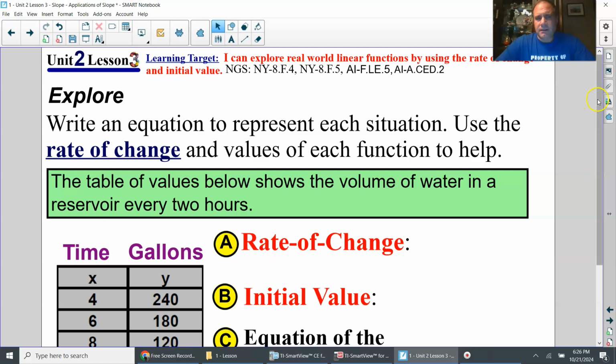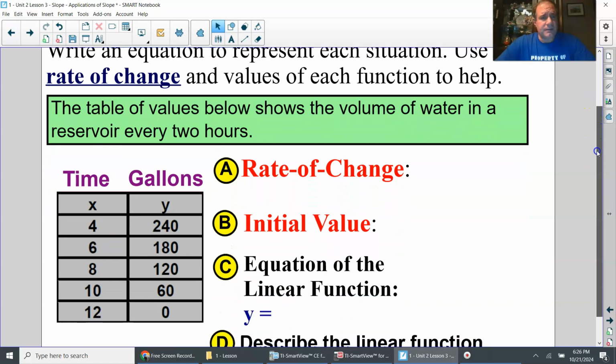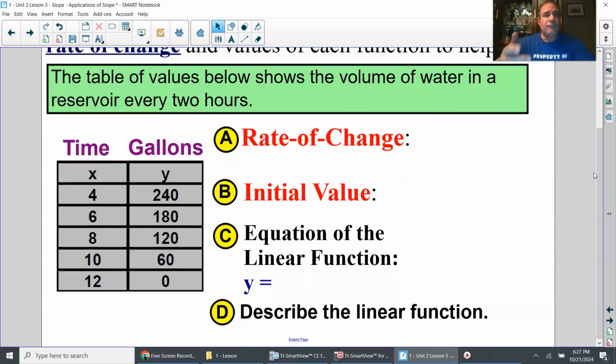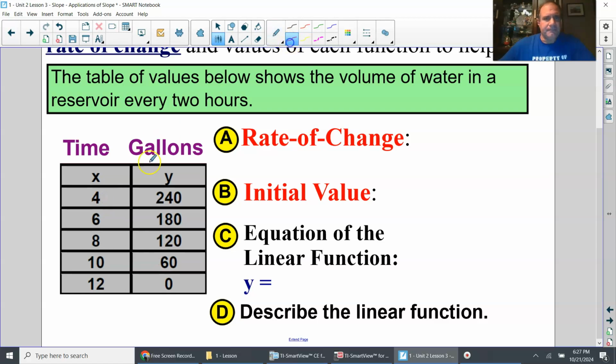Okay, write the same thing, write an equation to represent this situation. Table of values shows the volume of water in a reservoir every 2 hours. So we are going to go down right here and just put X1. And this is Y1. This is X2. This is Y2. So the rate of change we're going to figure out as M equals Y2 minus Y1 over X2 minus X1.